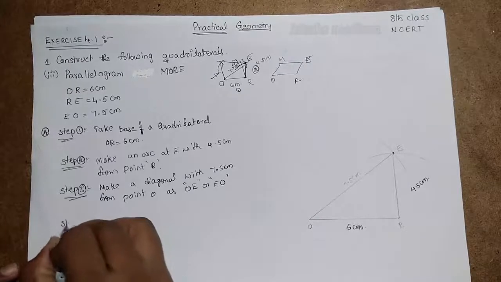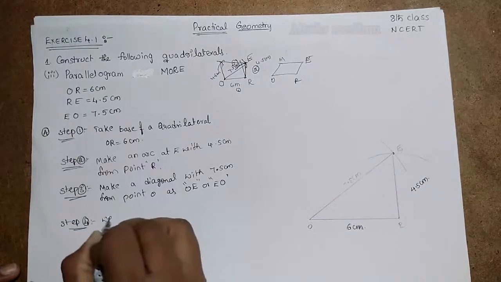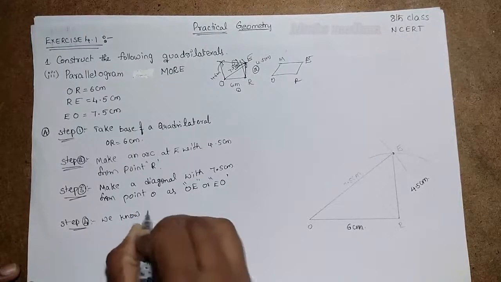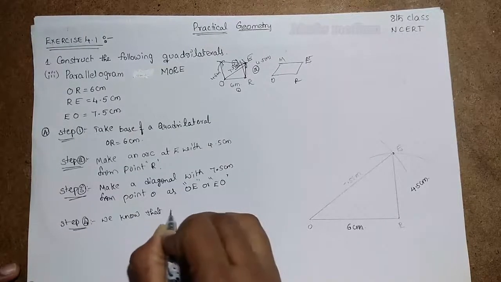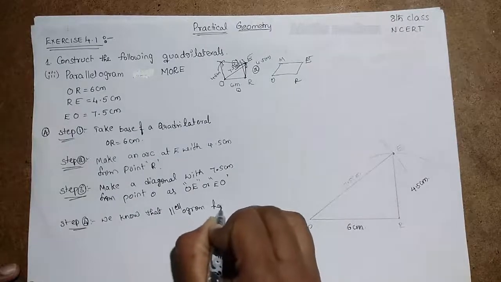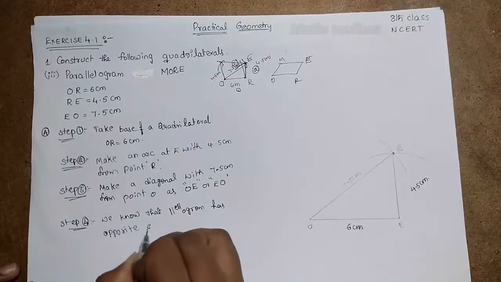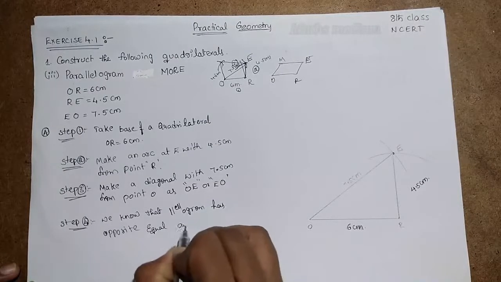So now step 4. We know that a parallelogram has opposite sides equal and parallel.